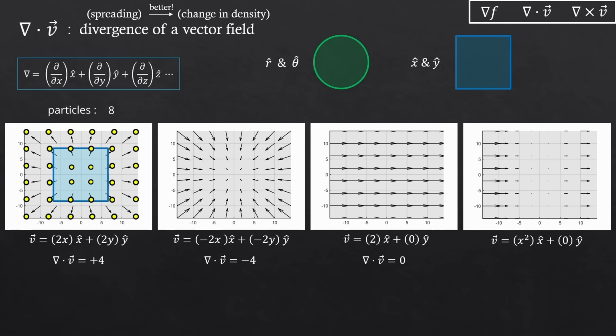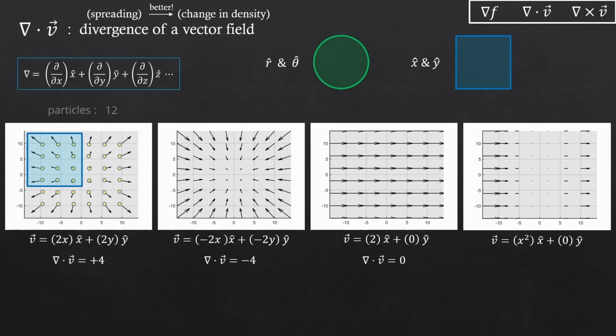A decrease in density means spreading, right? Indicating positive divergence. And if we look at another region, we'll notice that the density decreases there as well. Surprisingly, this particular vector field shows a constant divergence of +4 throughout the entire space.